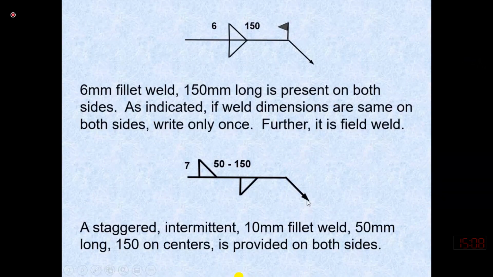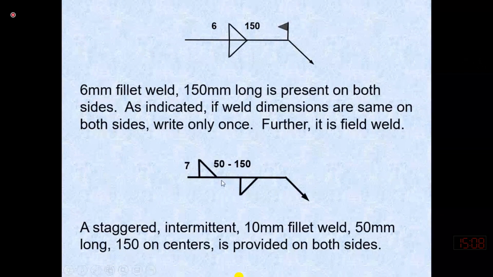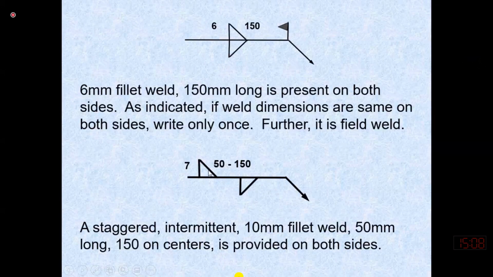This indicates that we need to weld whose thickness is 7. We need to use a staggered intermittent weld, and the length of one weld will be 50 and the pitch of the weld will be 150.